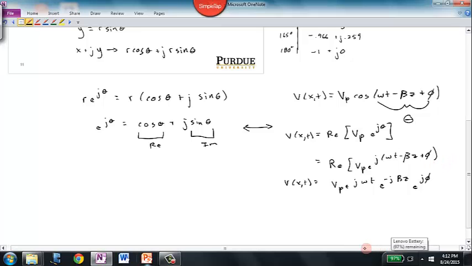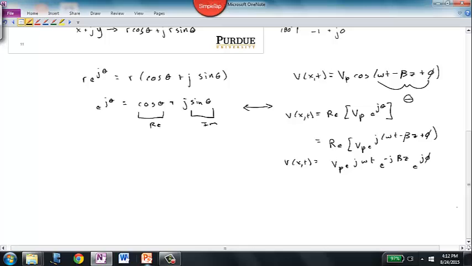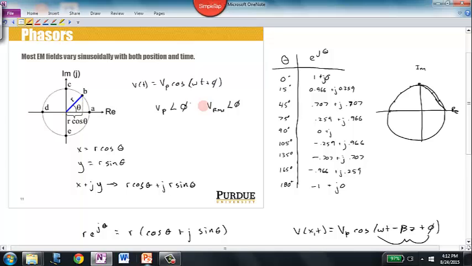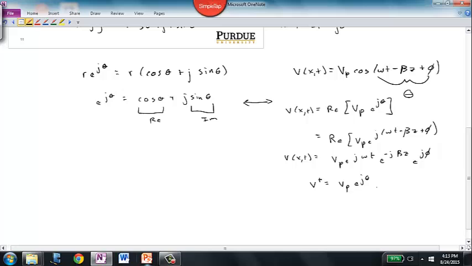I just used the associative property of the exponential to separate those out into three different terms. Typically we will write V plus is equal to Vp e to the j phi, and that corresponds to the phasor you're used to writing, and we call that the fixed phasor.